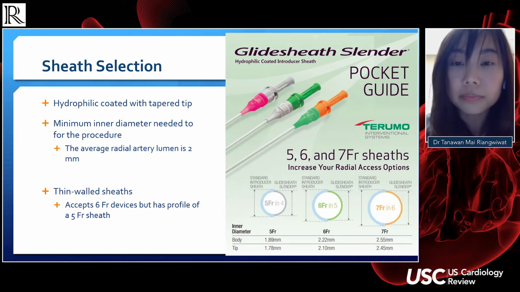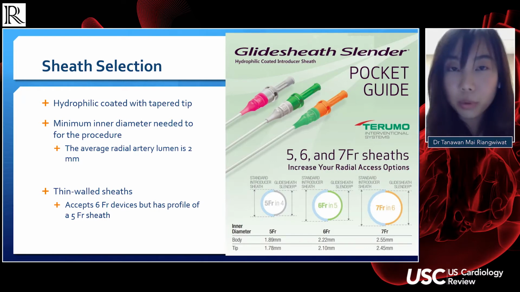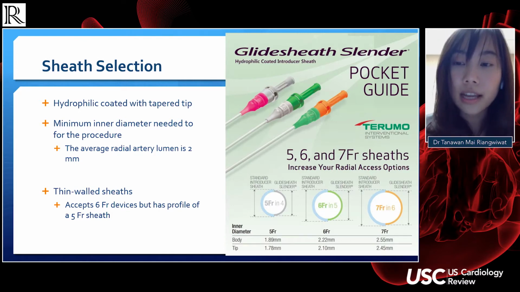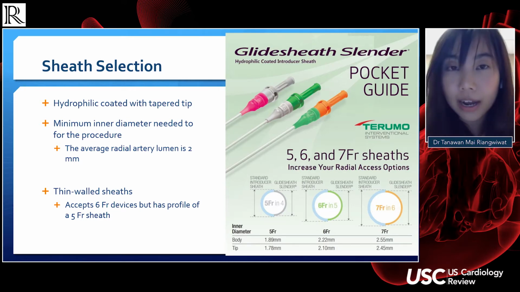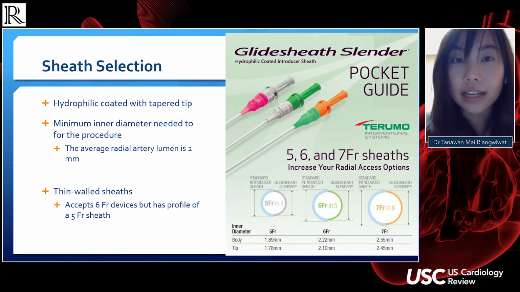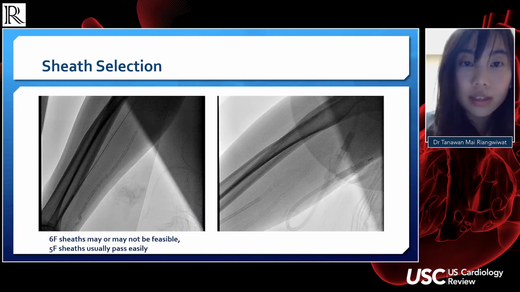There is some equipment that facilitates this. For example, the slender guide sheath has a big internal diameter but a lower profile, so that it can go through the small artery and also accept a bigger guide catheter.